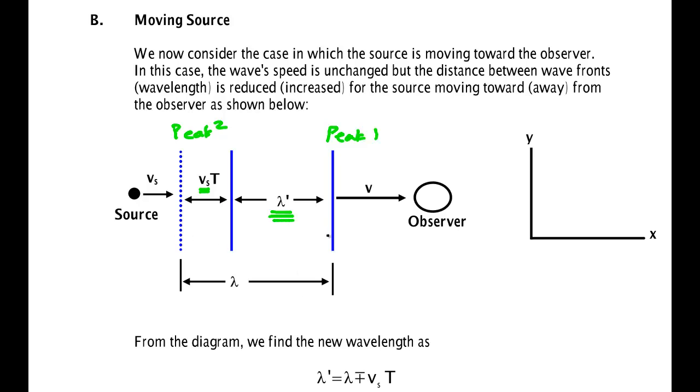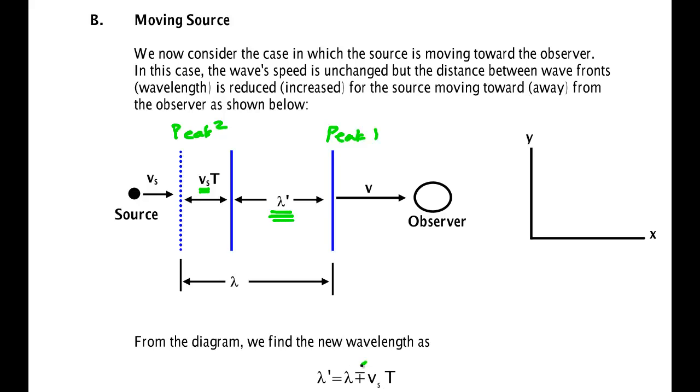Now, from this diagram, we can find out what that wavelength is. The original distance between the peaks was lambda. But if this thing is moving toward the observer, it's reduced it by this distance, the speed of the source times the time between the peaks, which would be Vs times t.